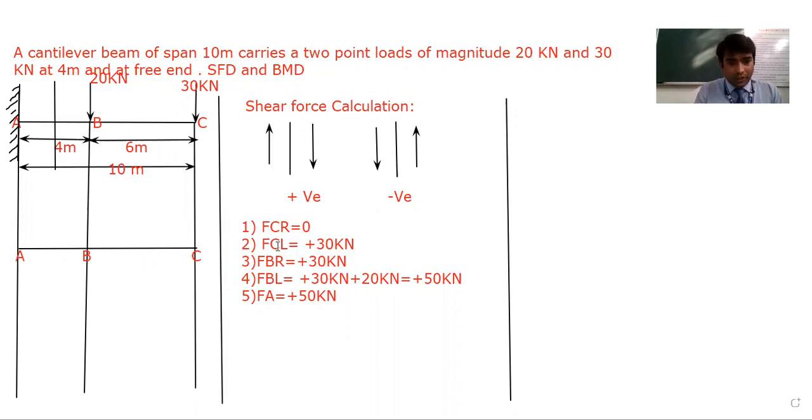Now, by this calculation, we will draw the shear force diagram. How the shear force diagram is drawn, you can just see. At point C, there is a zero. We can say shear force at C point, C right side, is zero. Now, along this, it's considered as positive.